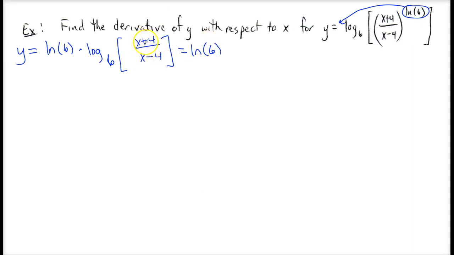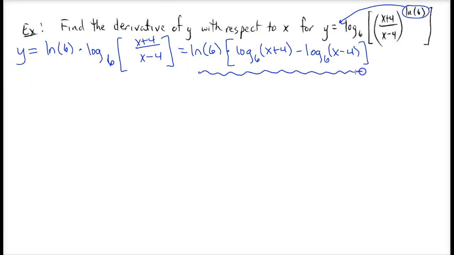And of course, the division of logarithm on the inside means that you can have subtraction on the outside. So this will be log base 6 of x plus 4 minus log base 6 of x minus 4. And so what we would be taking is the derivative of what we see here, which is way more simple than what we would have had to do if we would have kept everything in this current form.